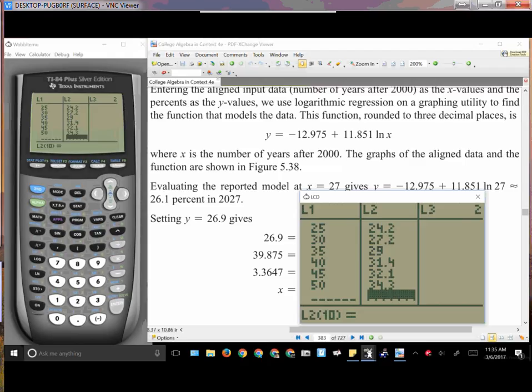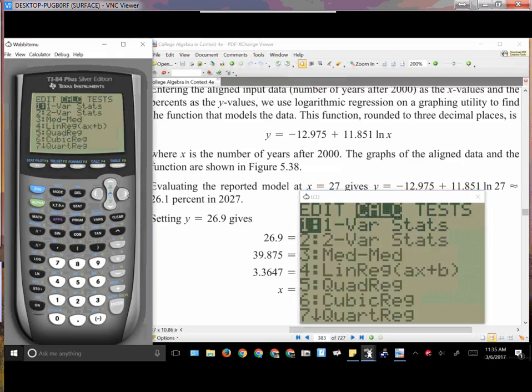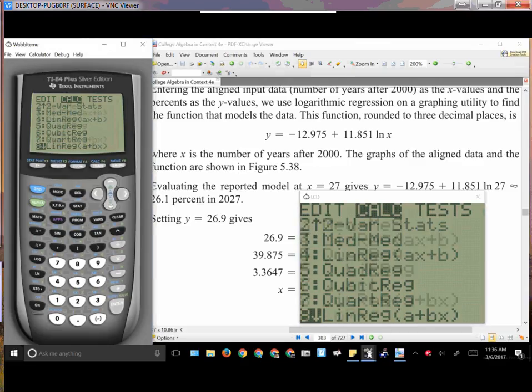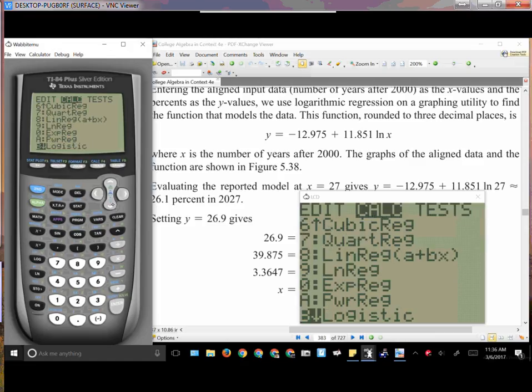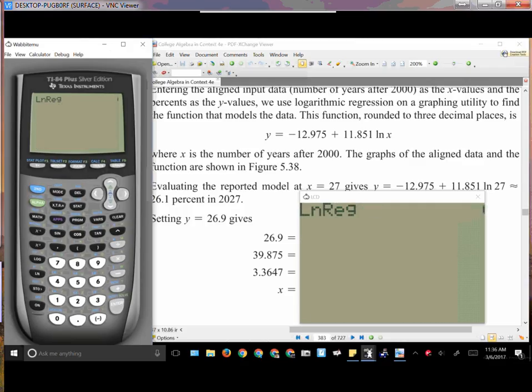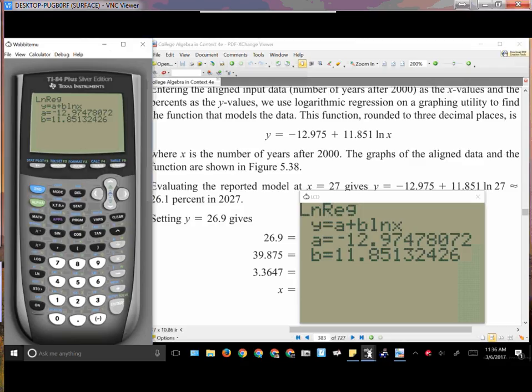When we go to the stat button and we go to calculate, go down. You'll notice that they have something called logistic. Stay away from that. Keep this thing in terms of a natural logarithm. That's why they have the ln there. So we want ln regression. So we press enter, enter. So we've got our equation in there.